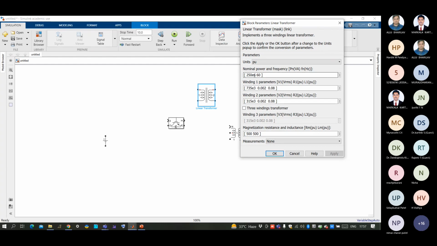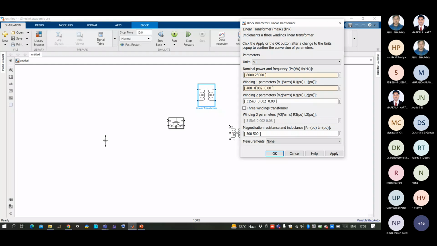Now let's decide the nominal power and frequency. I'm using a power of 8 kilowatt, like 8,000 VA, and the operating frequency will be 25 kilohertz. For the winding parameters, V1 RMS will be 400.